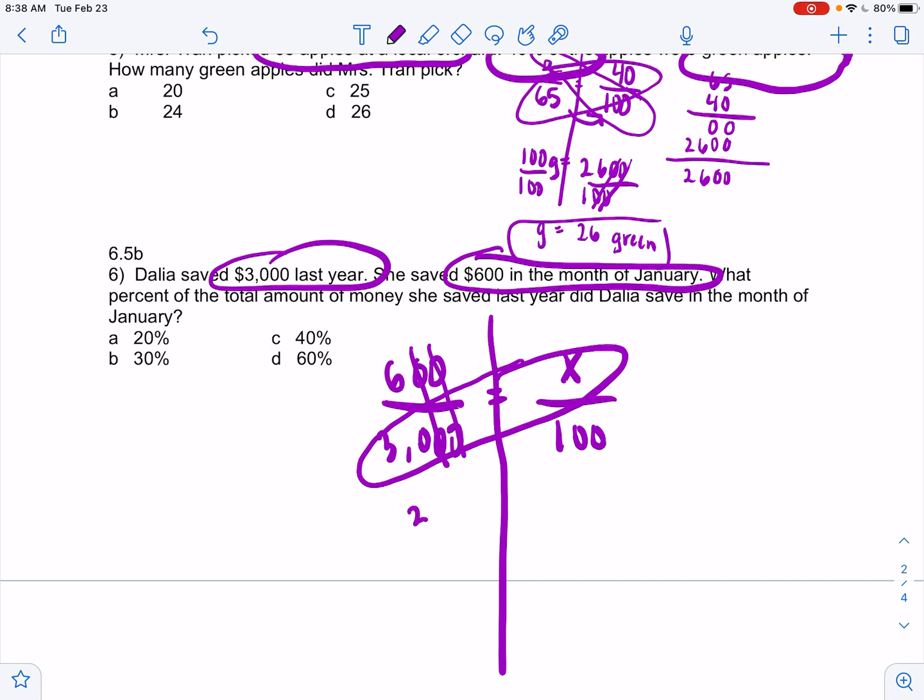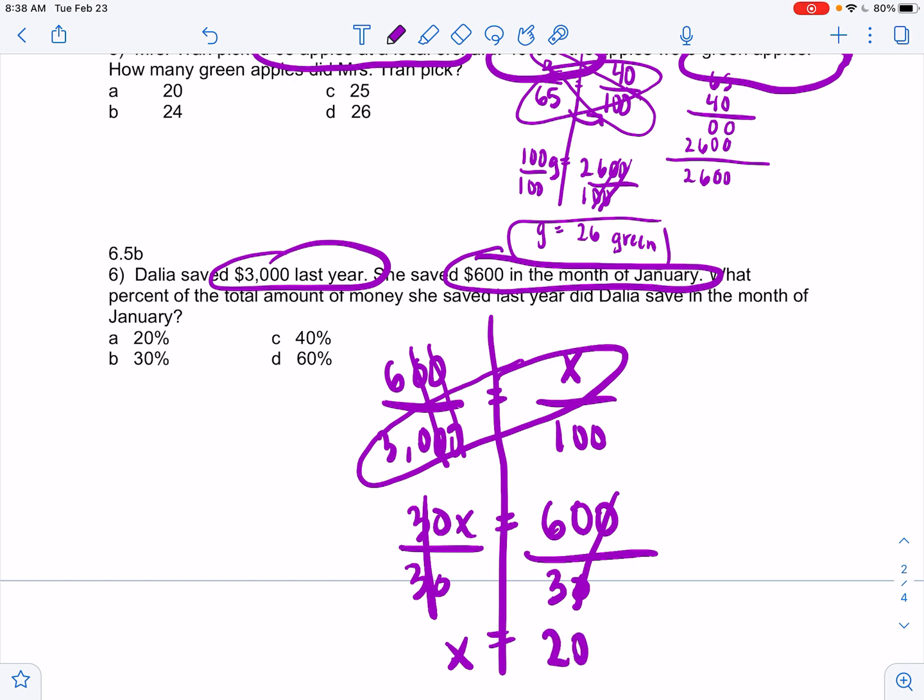So we have 30x is equal to 600. Cross off your zeros, and 60 divided by 3 would be 20. So your answer would be 20%. And that does seem reasonable.